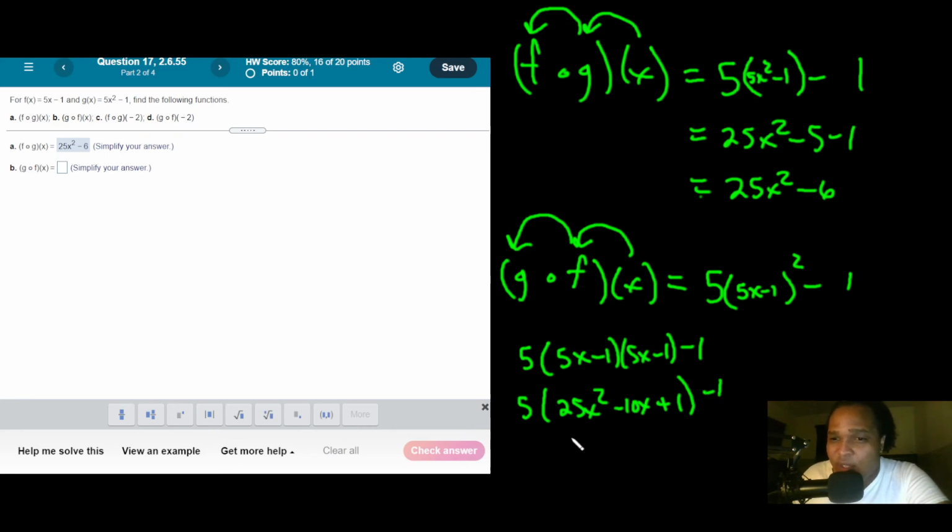Minus 1. Distribute the 5. You get 25 times 5. 5 quarters, you have 25 cents, you have 5 of them. That's $1.25. So 125x squared minus 50x plus 5 minus 1. So we have 125x squared minus 50x plus 4. And that's it.